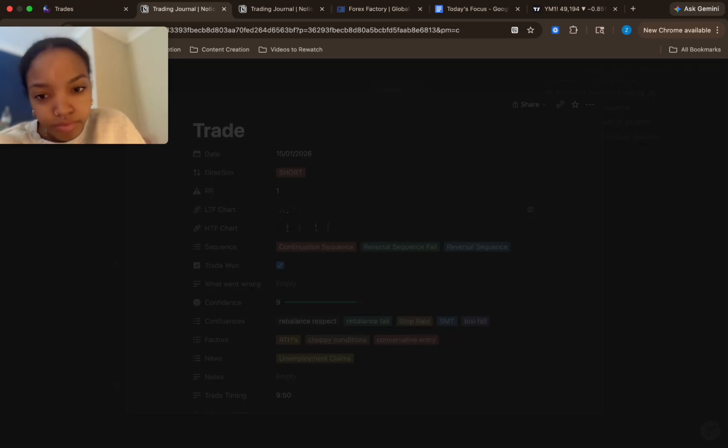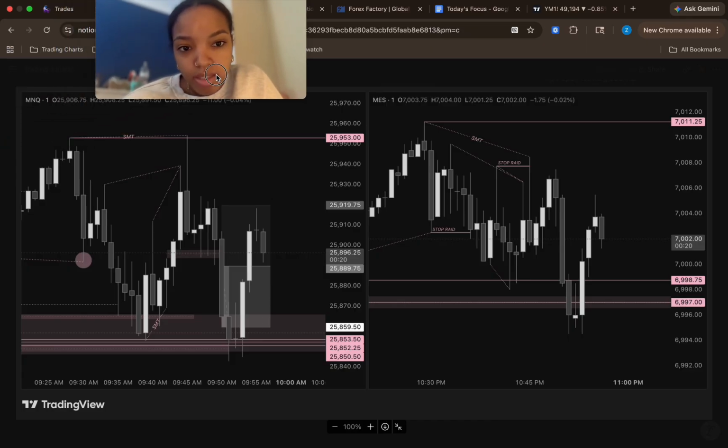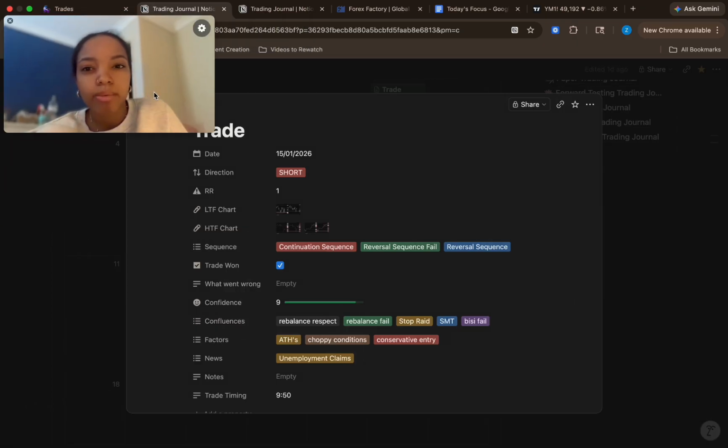Let's just have a look. Okay, we had SMT, stop raid, everything at the high. We rebalance, fail. Busy failed, rebalance, respect lower. Potential stop raid down here. SMT at a high delivering. Rebalance failed on ES. I think it was a tricky trade, but it was a good read.